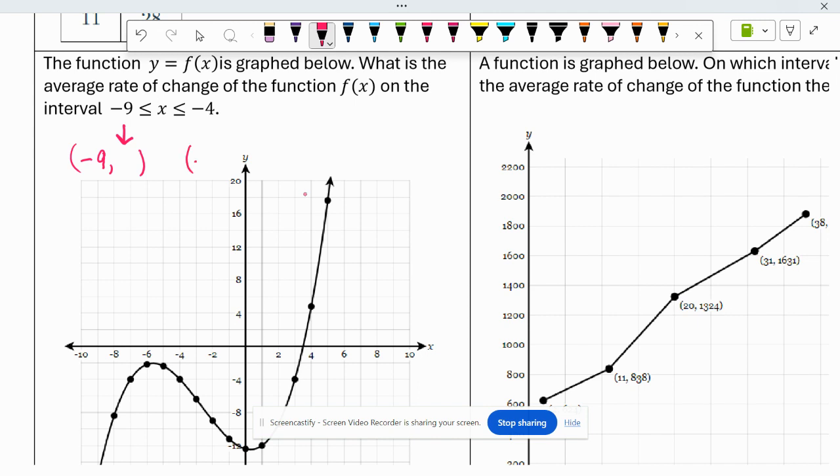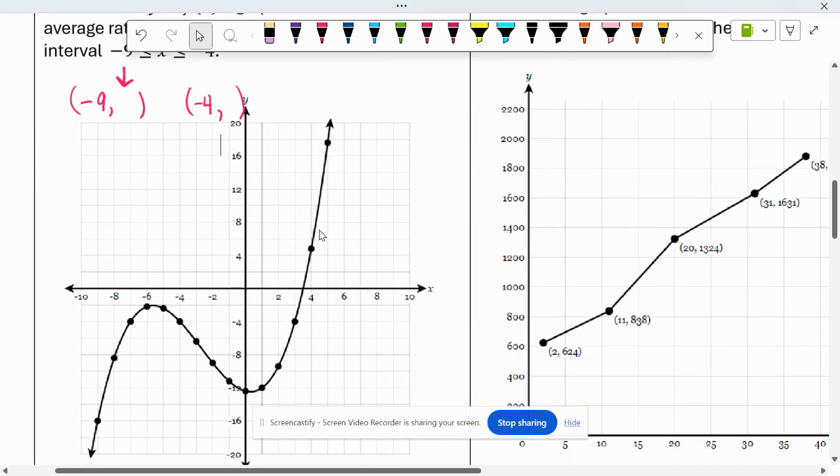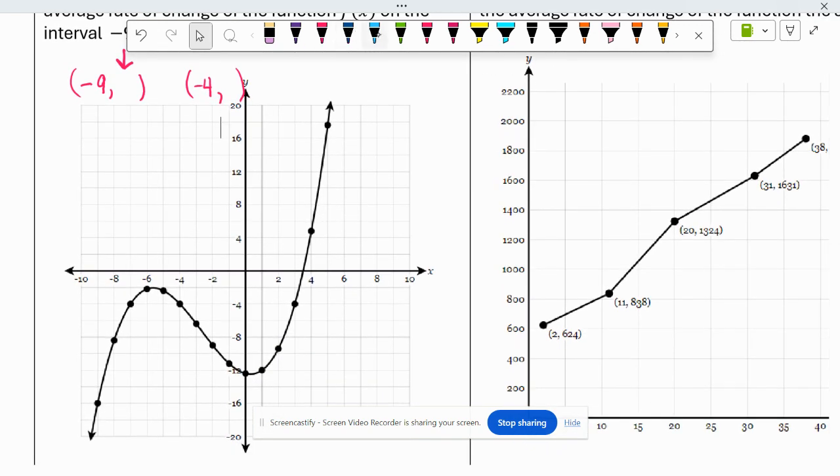And then when x is -4, what is y? It's all it's asking us. It's no different than what we've been doing. We're just looking at a graph instead of a table. So when x is -9, it looks like y is what? -16. And when x is -4, it looks like y is -4.